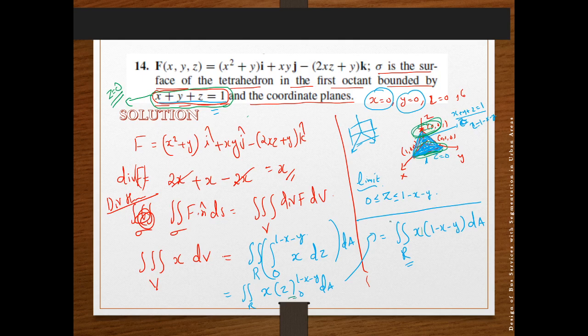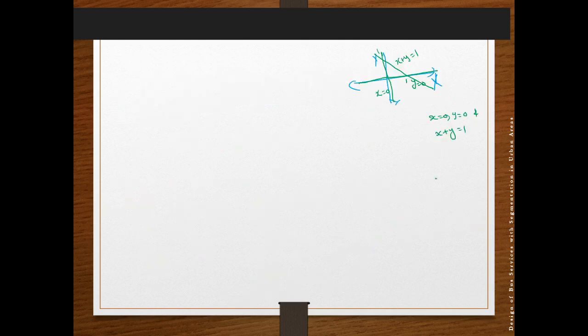Then we will find the projection of the surface in the plane, and here this is 0. Therefore we have to integrate the double integral over R of x into 1 minus x minus y dA. Okay, this is our R.